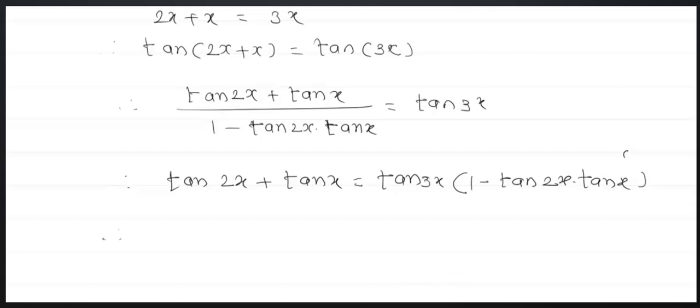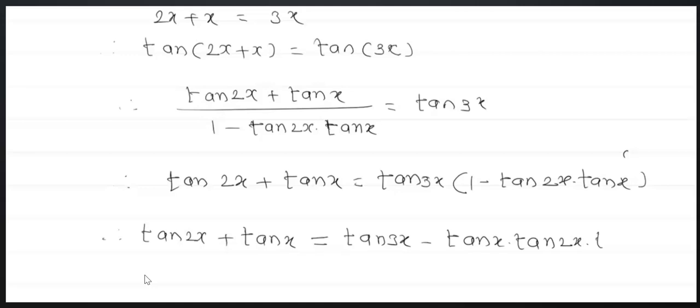Now again the simplification. Tan of 2x plus tan x is equal to tan of 3x minus tan of x into tan of 2x into tan of 3x.